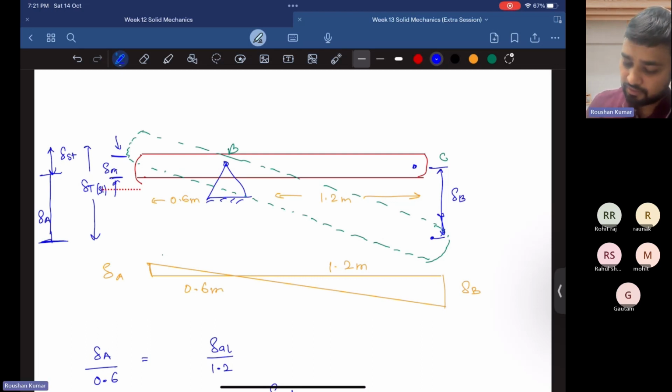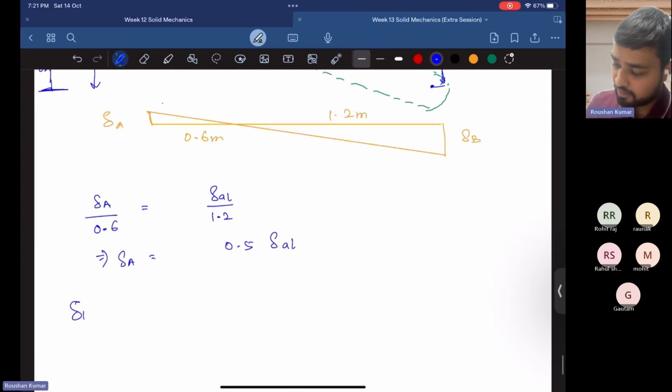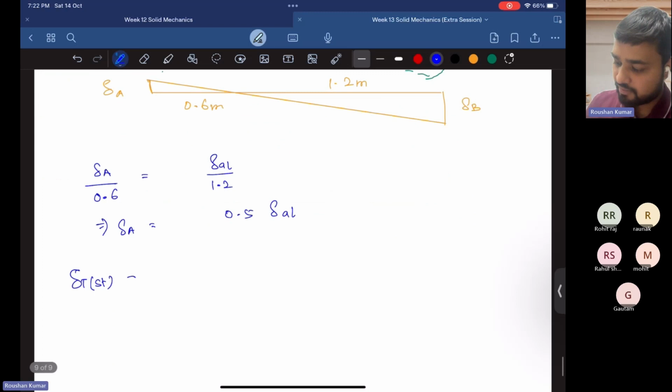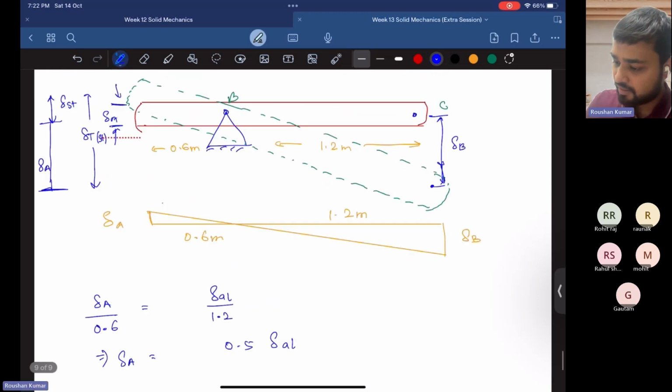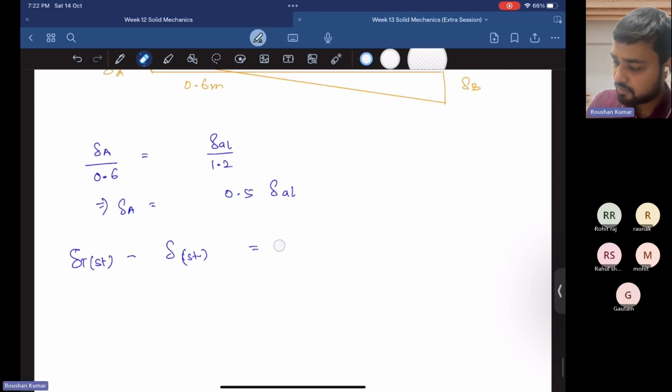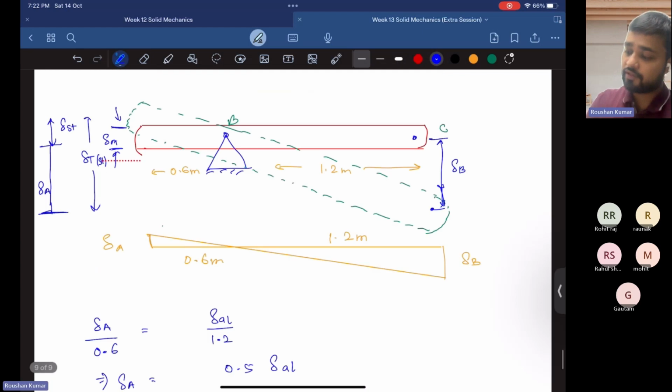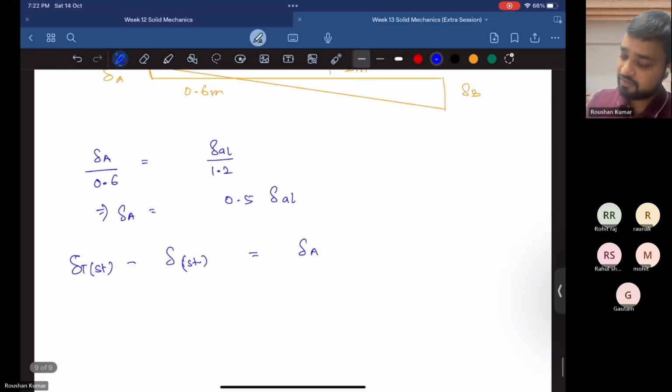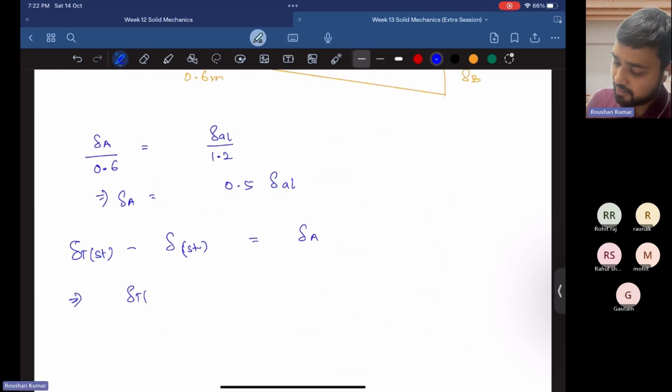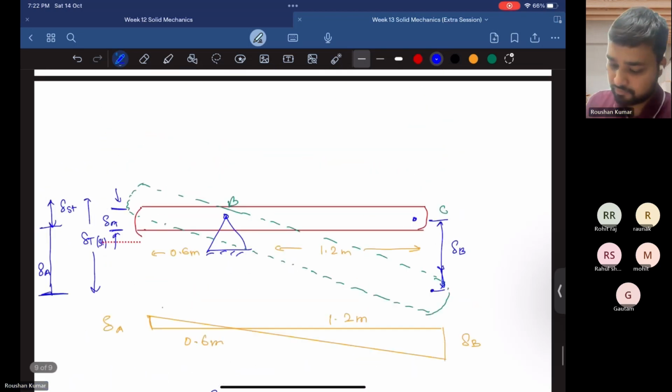So from here, we can conclude that delta T of the steel minus delta of the steel due to the elastic property is given as the total deflection at A. So delta T of the steel minus delta of the steel is equal to 0.5 delta of the aluminum.